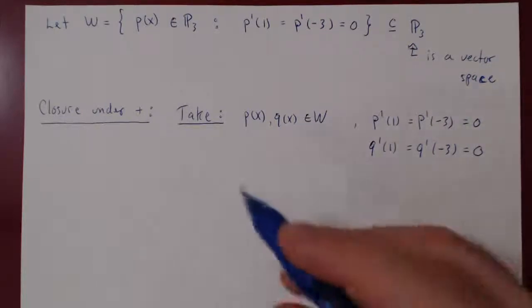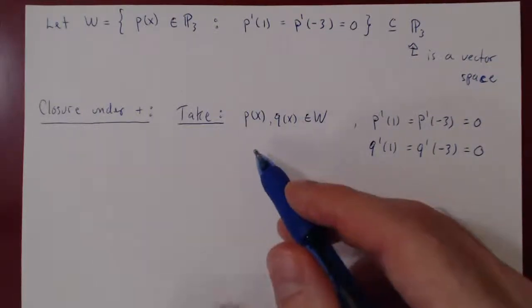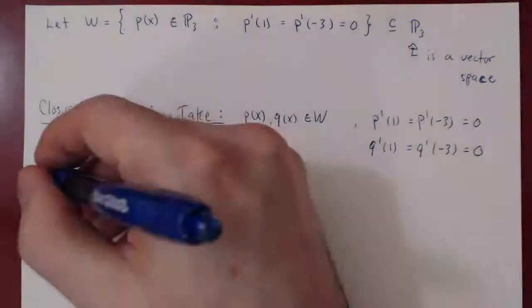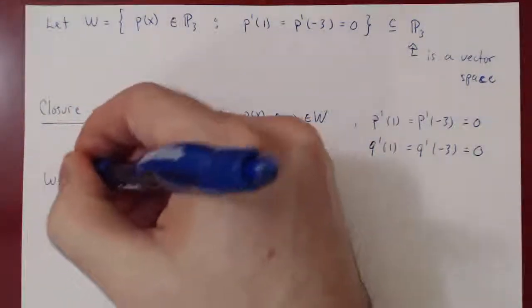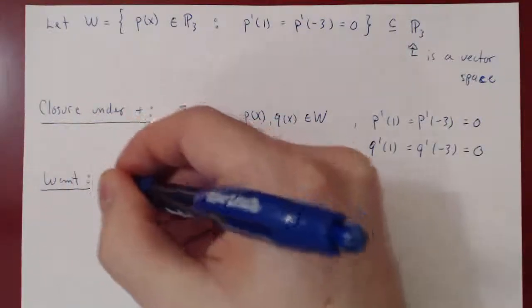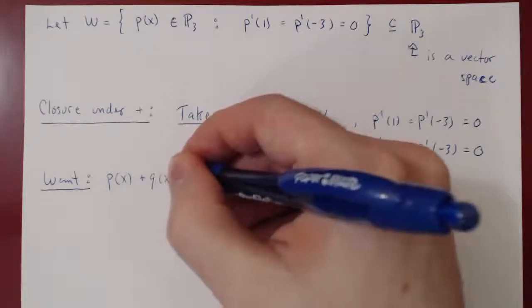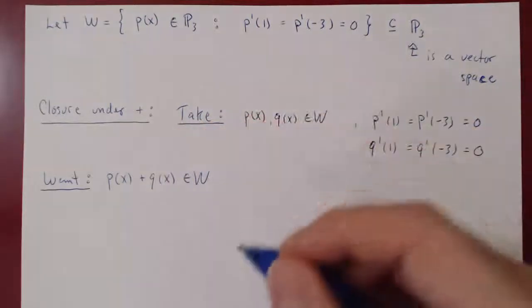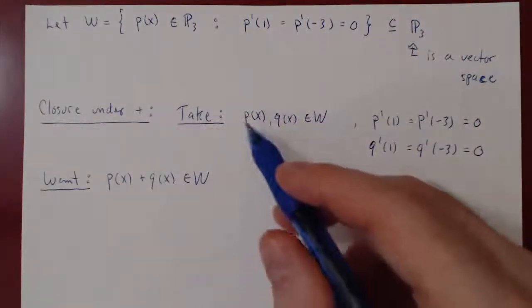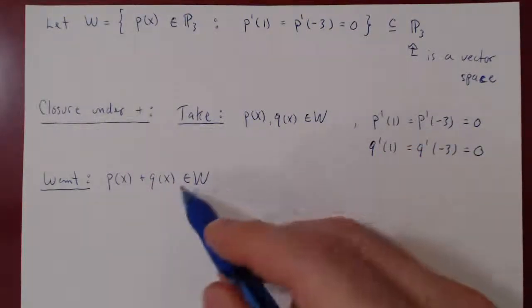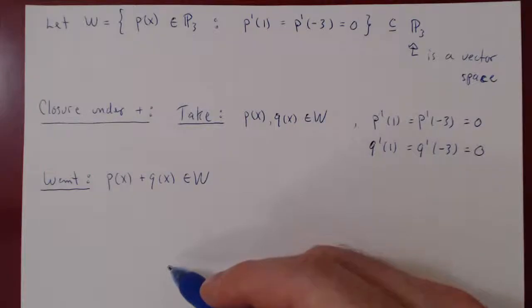And what do we want to show? We want to show if we add p and q, we have a polynomial that also lies in W. Hence proving closure under addition. If we take 2 elements of our space and we add them up, the result is still an element in the space. Well, let's see.